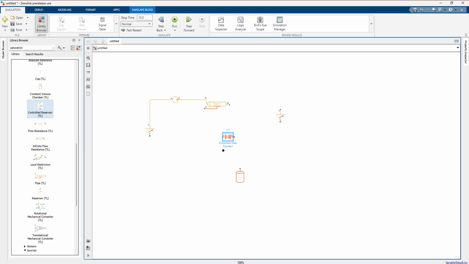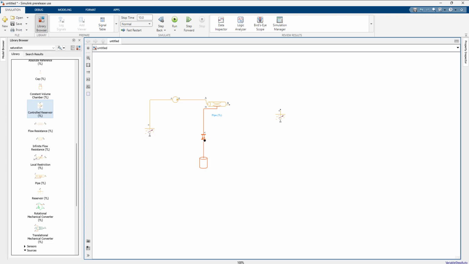And also we use this component to transfer the heat from this pipe to the thermal mass, which is our tank.